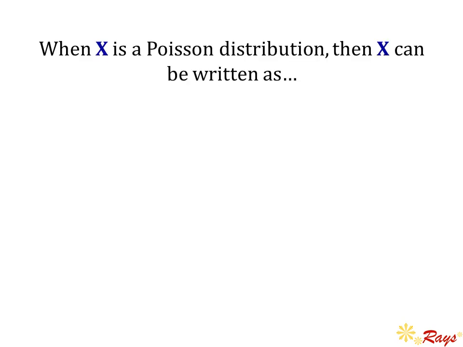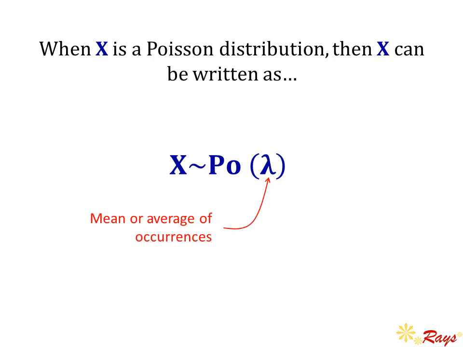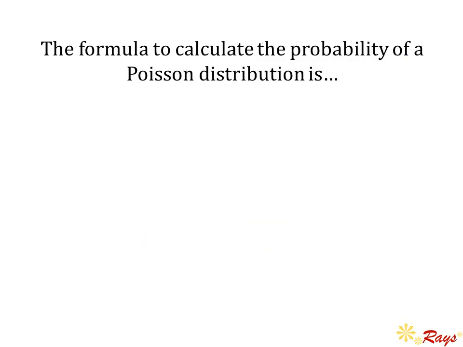Poisson distribution can be expressed in this way. This means X is a Poisson distribution with lambda as the mean, or the average, or the expected value. The formula to calculate the probability of a Poisson distribution is given by this formula.